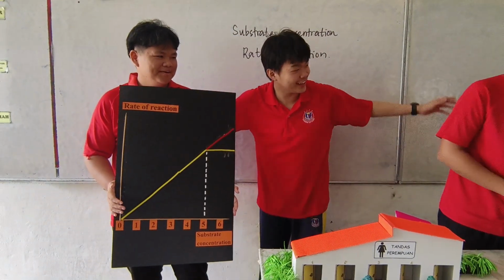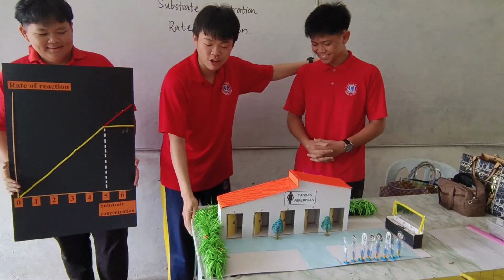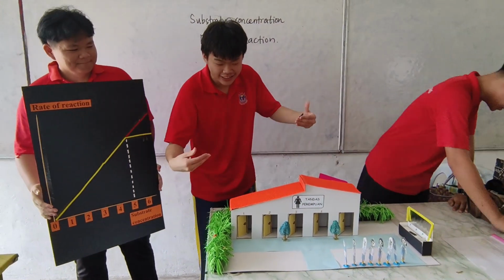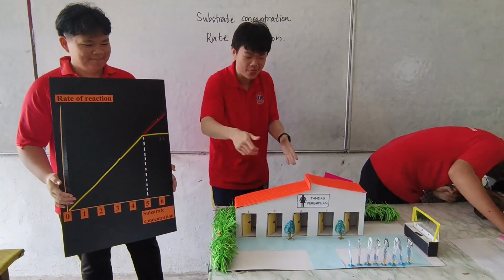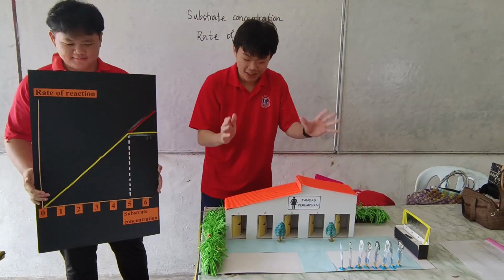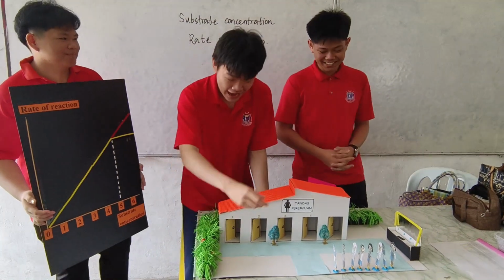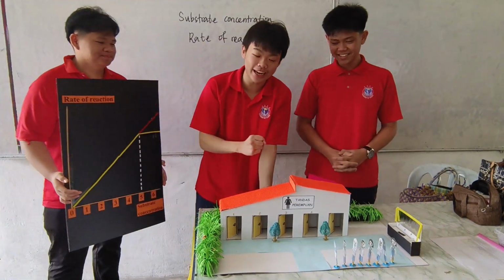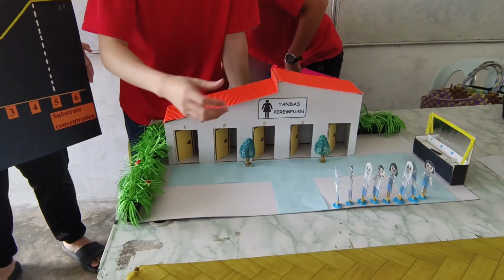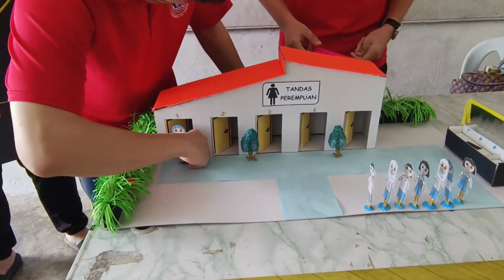Let us demonstrate this wonderful, creative creation about the toilet, how it simulates the enzyme reaction. First of all, we have the toilet, which is the enzyme needed in the reaction, and we have the students, which is the substrate needed by the enzyme for the reaction. Each student can head into a toilet.